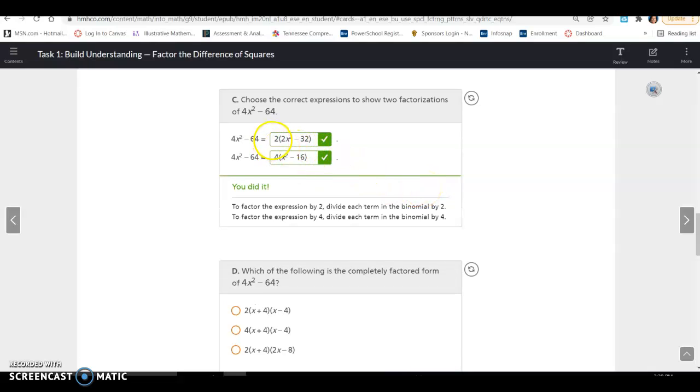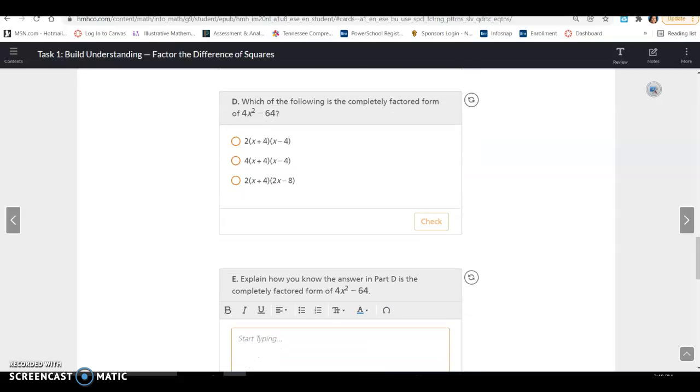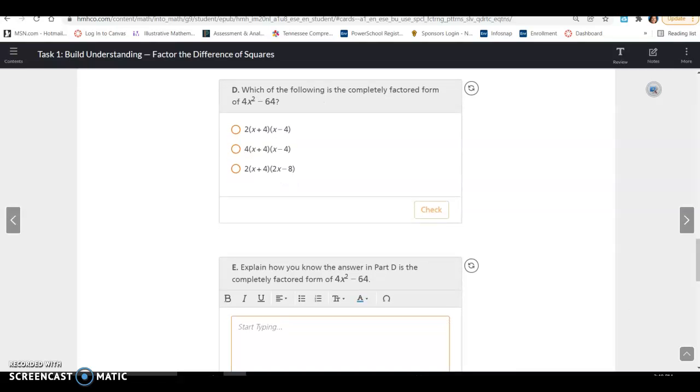All right, so that's your greatest common factor, would be the 4. That's the largest number you can pull out evenly. If you pull a 2 out, you can see that 2 and 32 are still even numbers and could still have another 2 pulled out. And then 2 times 2 becomes 4. So when you're pulling out a greatest common factor, always pull out the largest number that's divisible by each term.